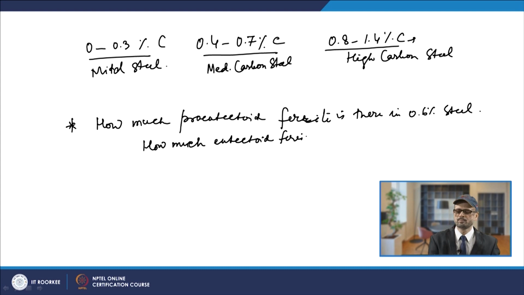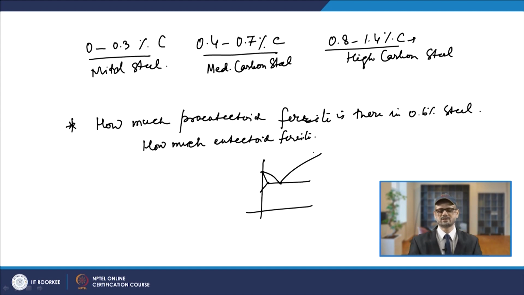As you know, you will draw the iron carbon phase diagram, and this is how the reaction is for the eutectoid reaction. This is your eutectoid point.